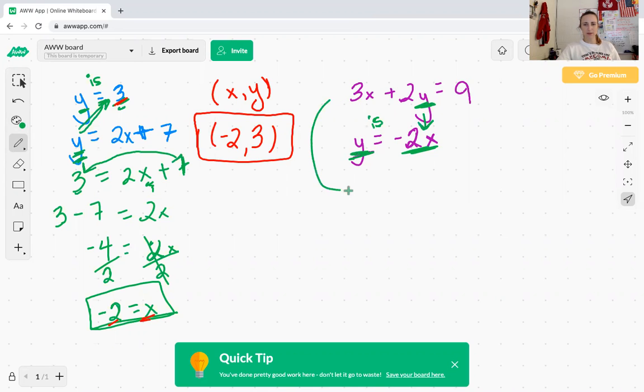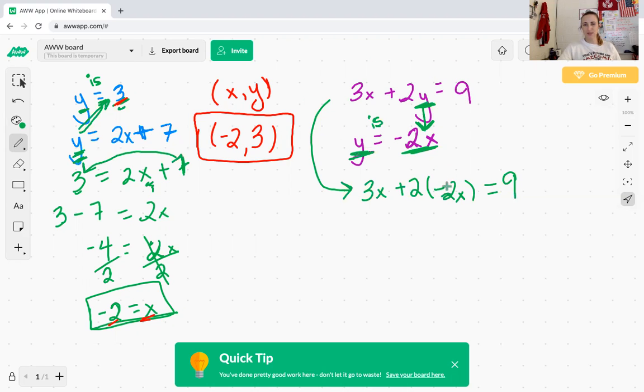So I'm going to drop down my first equation and just write 3x plus 2. Because 2 and y are side by side, that means they're being multiplied. So 2 times, and now we said y was going to be negative 2x, equals 9. Now we just use order of operations to simplify it down.